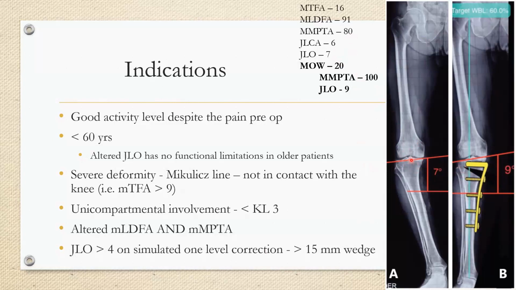However, if you plan to correct this entire deformity at the proximal tibial level by taking a huge 20-degree correction, it will restore the alignment axis. But if you look at the other parameters, the MPTA is again not normal. It's rather increased and becomes 100. And the joint line obliquity also increases from 7 degrees to 9 degrees. Hence, it is not ideal to correct such a case with just a single level osteotomy.